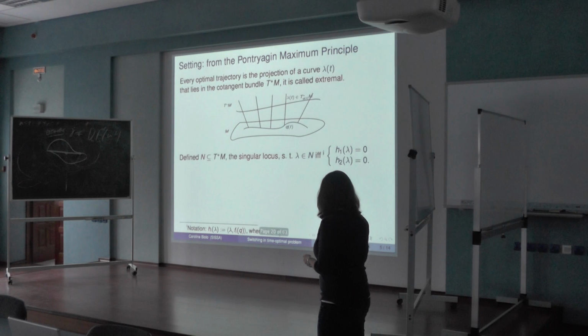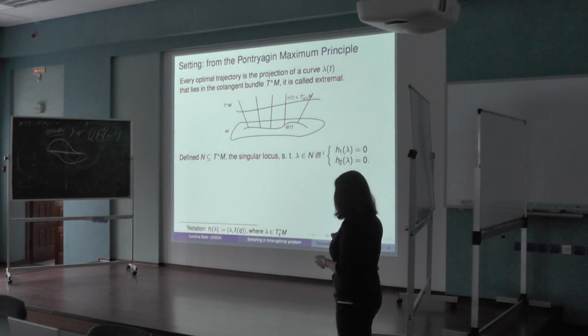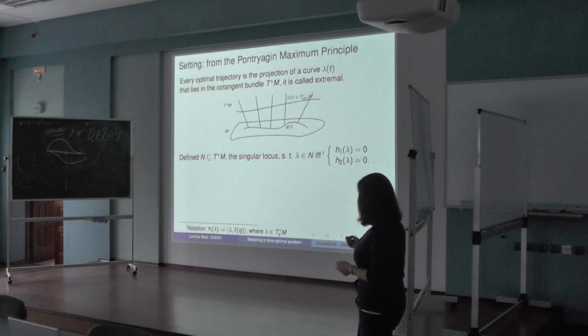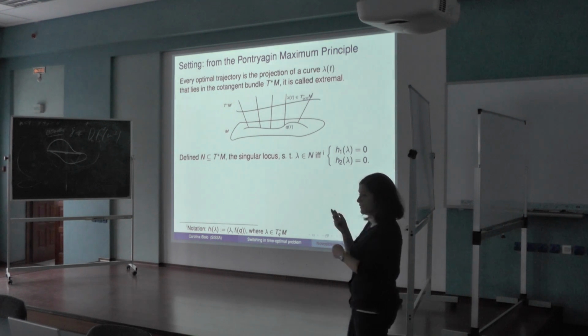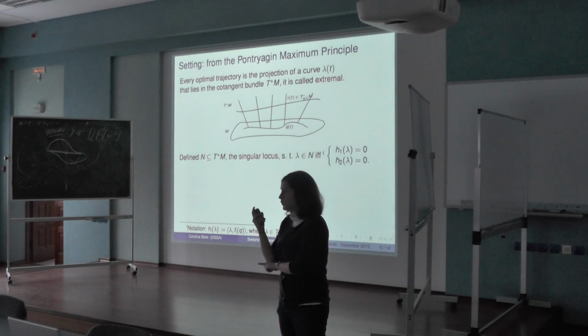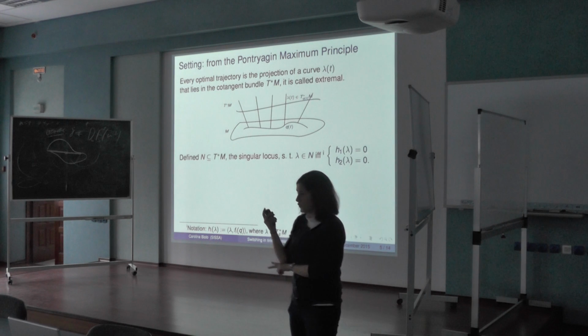So in this case we can define N. This is a submanifold in the cotangent bundle. We call it the singular locus, in which every point lambda that is a lift of a point Q in M, we have that lambda is orthogonal to F1(Q) and F2(Q). Okay?